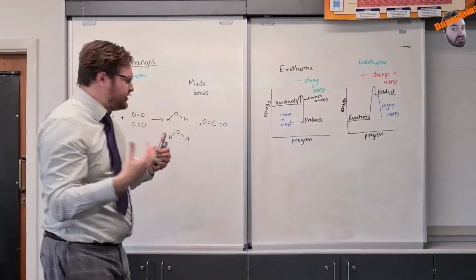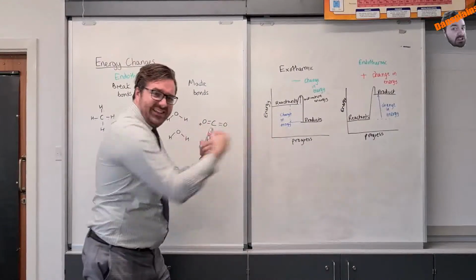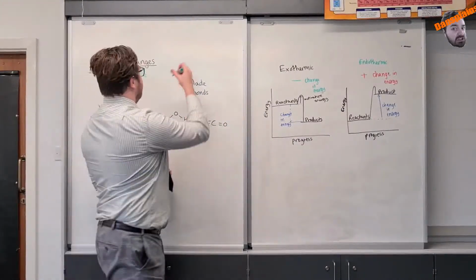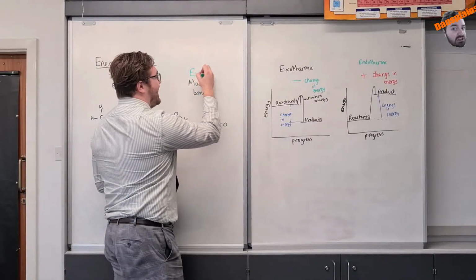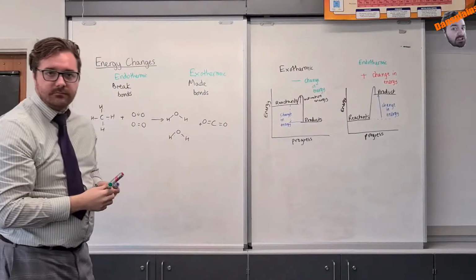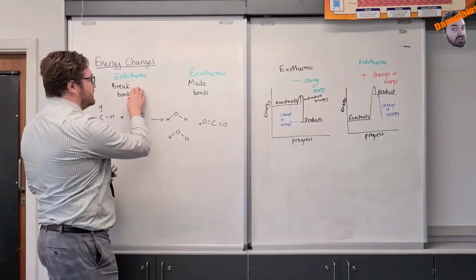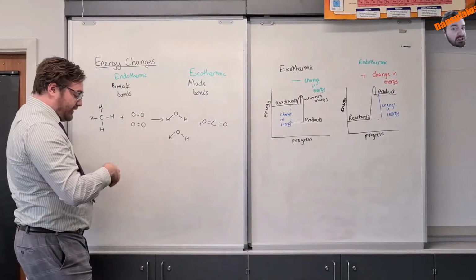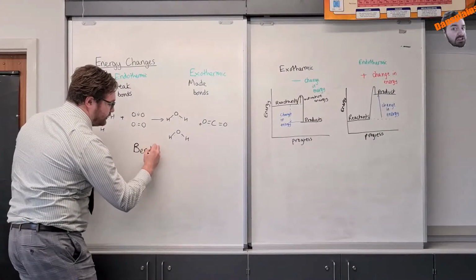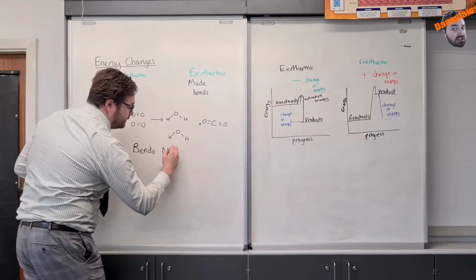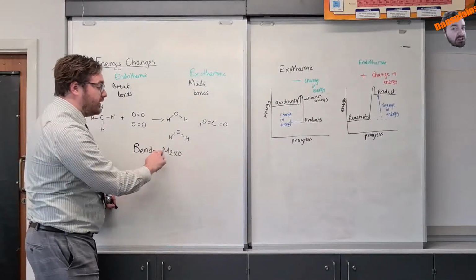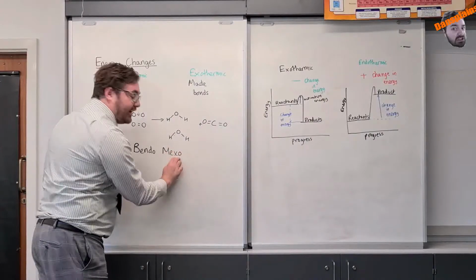Anything that makes energy, think about it, when these 2 are attracted to each other, they produce kinetic energy, that makes them exothermic. So we can remember this as: breaking is endo, making is exo. Breaking bonds is endothermic, making bonds is exothermic.